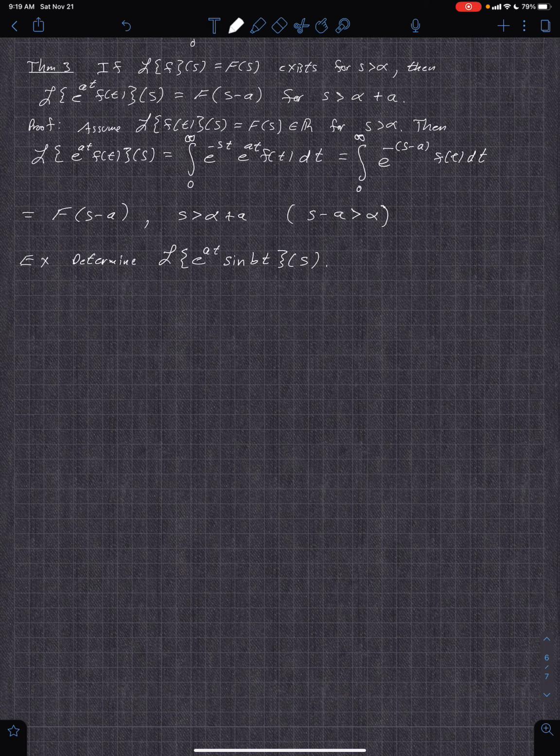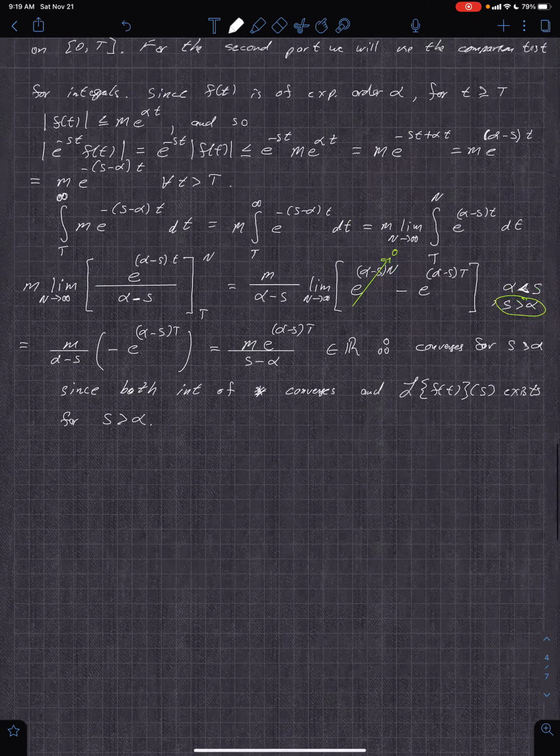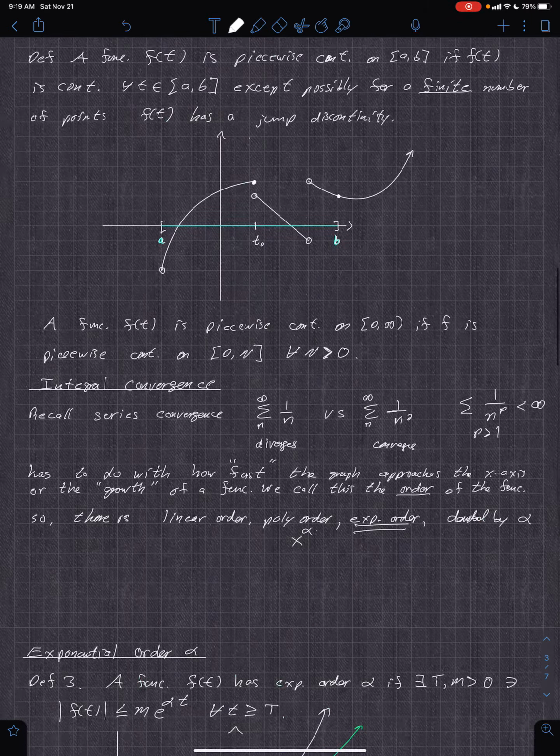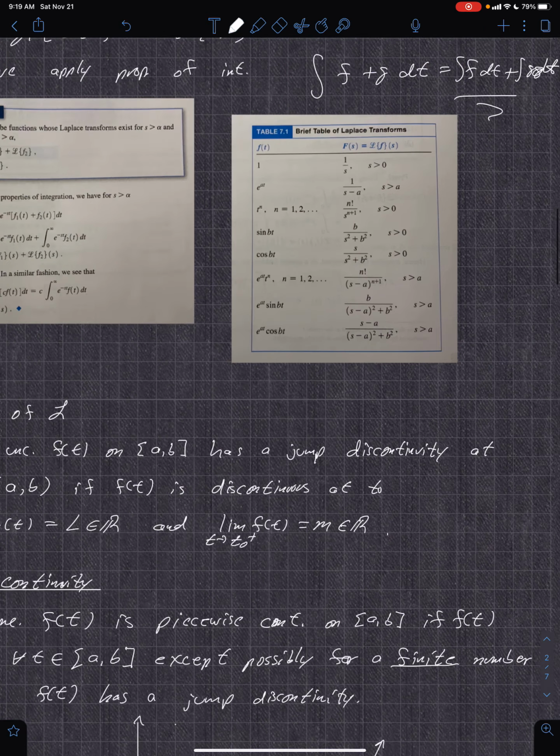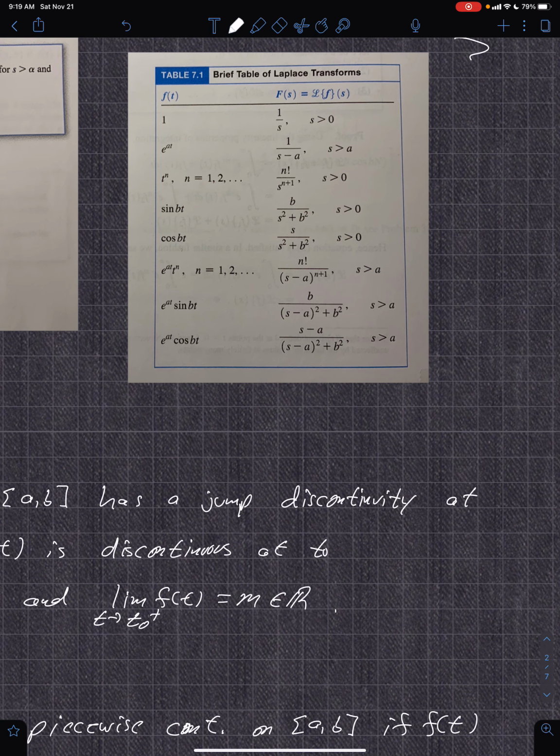So what we want to look at first is that the Laplace transform of sine of bt of s is equal to capital F of s. And that is from above. See how far back we have to go. It's from this table right here. So sine of bt is this.